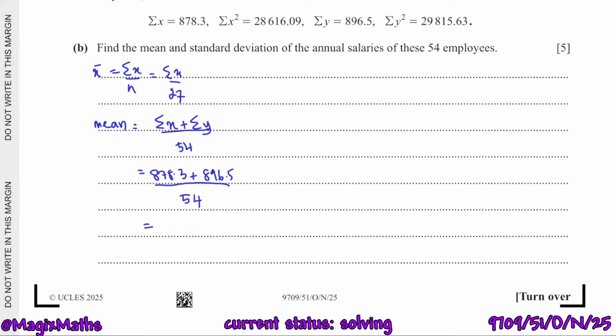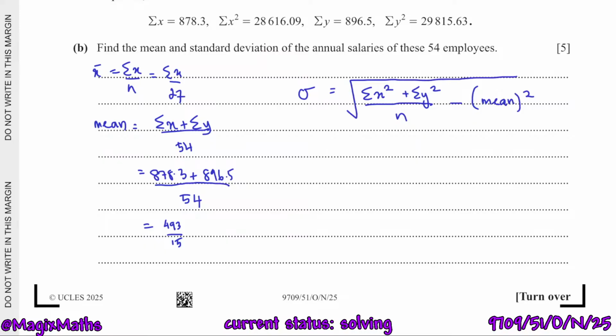So we have now 493 over 15. Okay. Now, to find the standard deviation, it's going to be using the formula of sum of X squared plus sum of Y squared, divided by N, minus our mean squared.